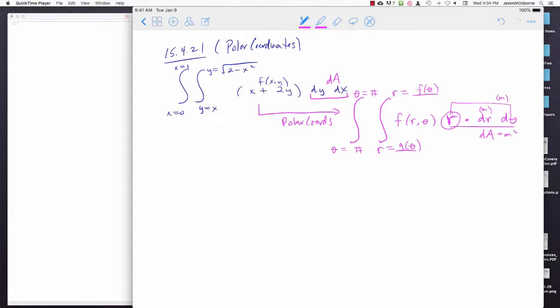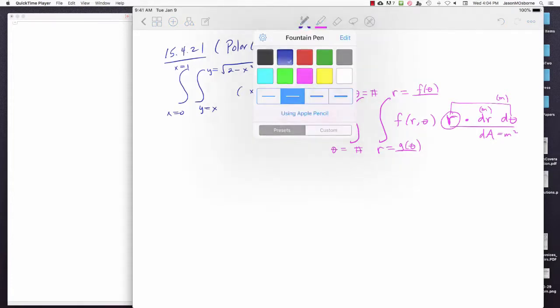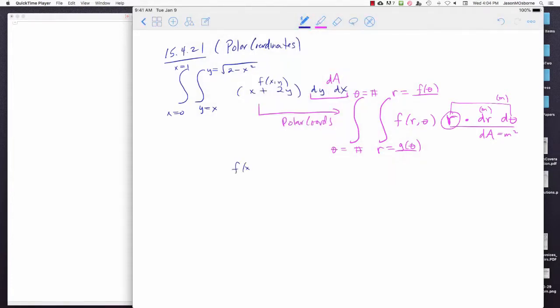Taking this in steps, I like to look at the function that I'm integrating. Our function is x plus 2y, and the polar coordinates transformation is x equals r cosine theta, y equals r sine theta. So wherever you see x, put r cosine theta, and wherever you see y, put r sine theta.